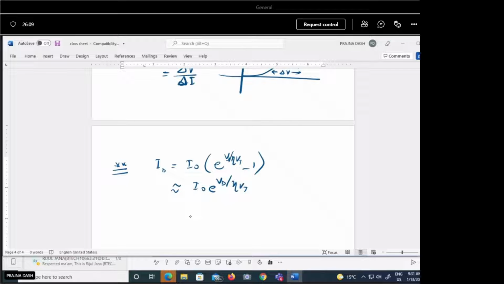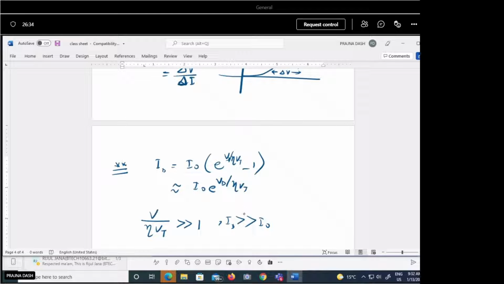So taking the differentiation and putting some approximation like V by eta Vt much greater than 1, and the diode current much greater than I naught. So with this approximation, at room temperature, what will be the dynamic resistance that you need to find?